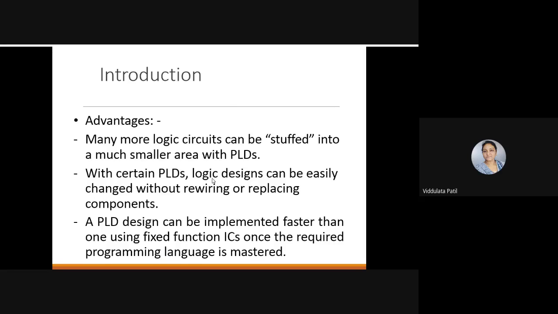Depending on our application, we need not rewire or replace components, but can just program the device once again with our requirement, and then we get the circuit ready.